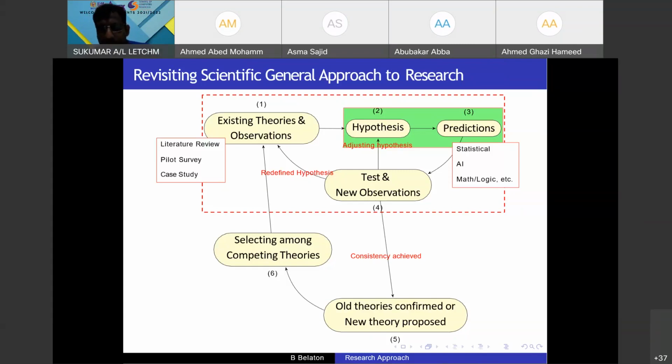Because from the literature review, you're going to study and explore the existing theories or the lacking part, the knowledge that you want to increase or contribute to the body of knowledge. From there you design your research question. From the research question, you map to the research objective.